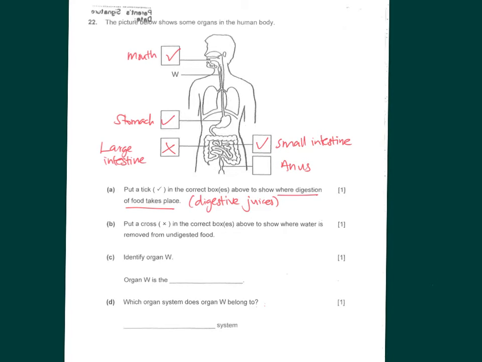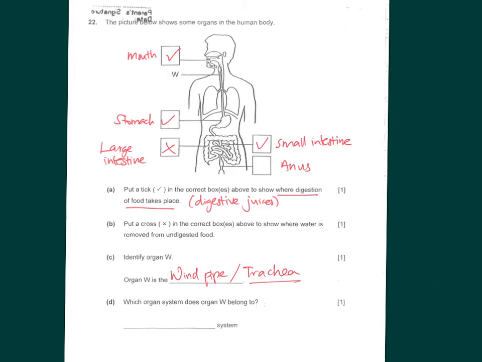Identify organ W. W is not exactly an organ actually, but we can call this the windpipe. Some of you may even know this is called the trachea. This is only for your information.